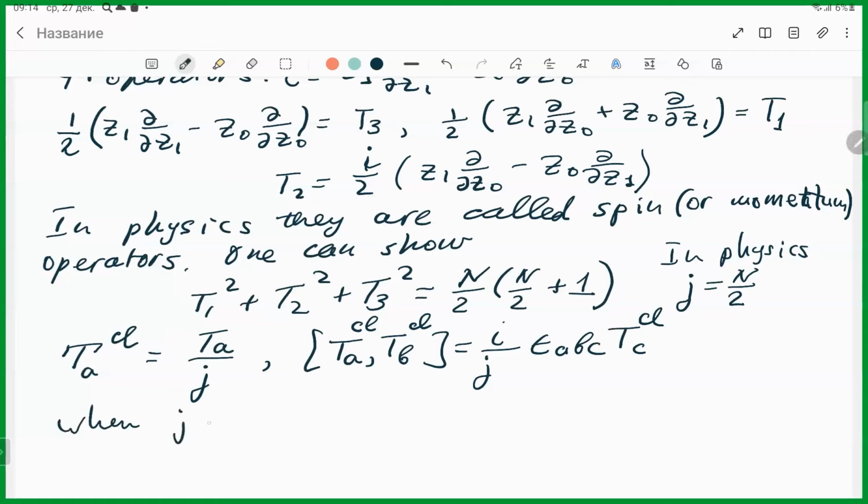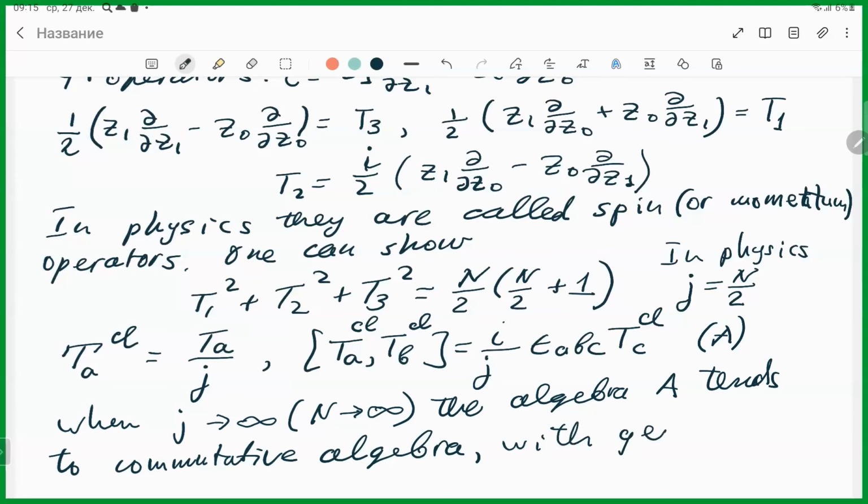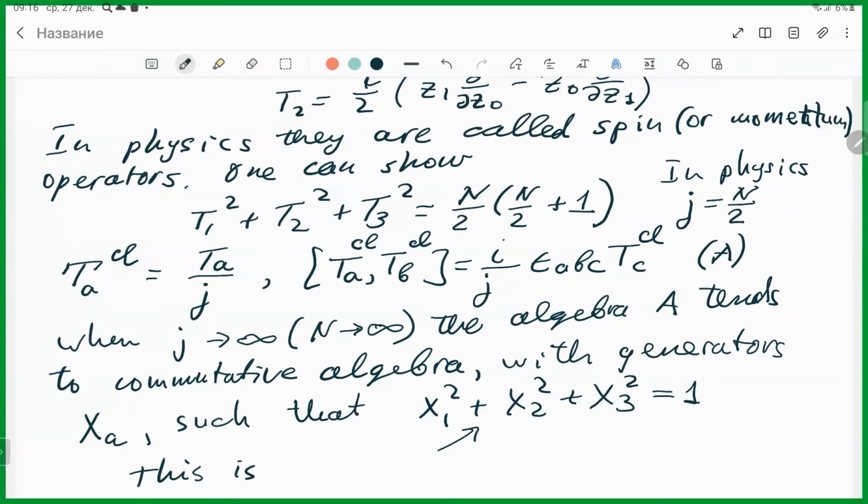So when j goes to infinity, that is n going to infinity, the algebra tends to a commutative algebra with generators xa such that x1 square plus x2 square plus x3 square equals 1. This is a sphere S2.